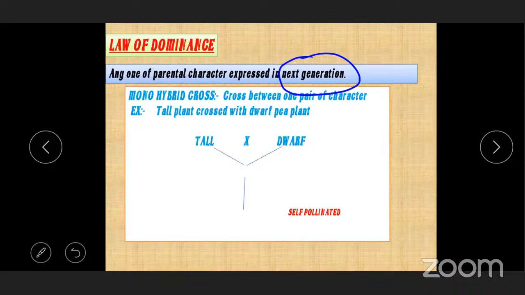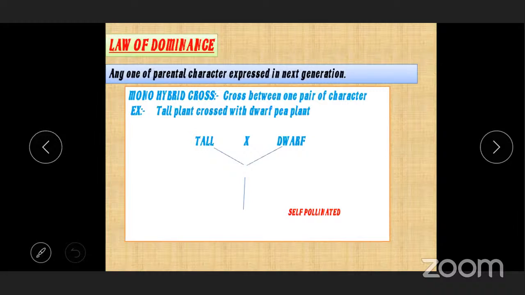So what cross did he take to explain the law of dominance? Mendel chose a monohybrid cross. What is a monohybrid cross? A cross between one pair of characters.